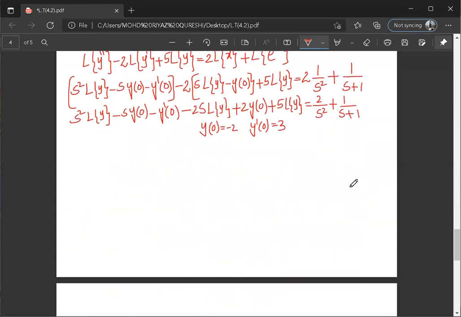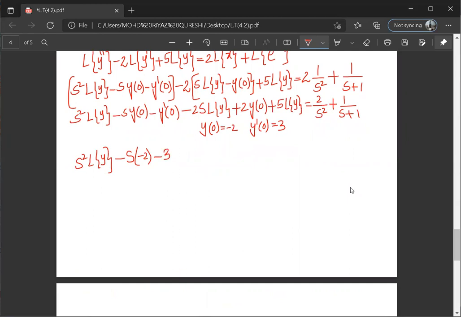So once you substitute these values, what will happen here? S square L of y as it is, minus s into y of 0 value, which is minus 2, so I am writing here minus 2, minus y dash of 0 value, which is 3.